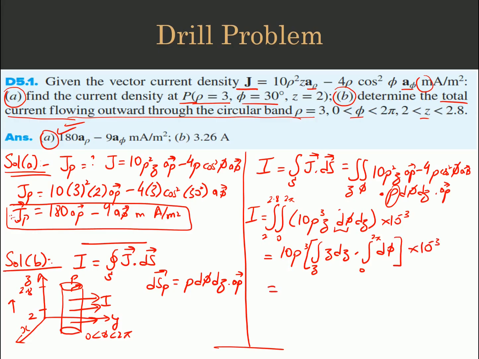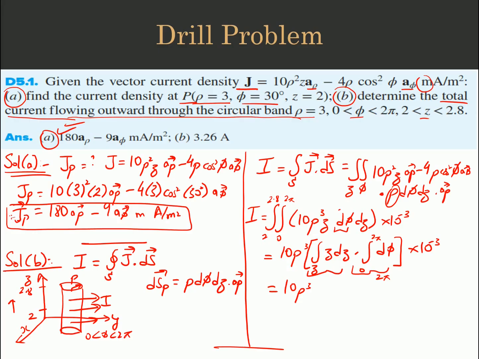Now this portion here will be 2 pi, and this will be z square by 2, and you put in the limits of 2 to 2.8. I'll write it over there.